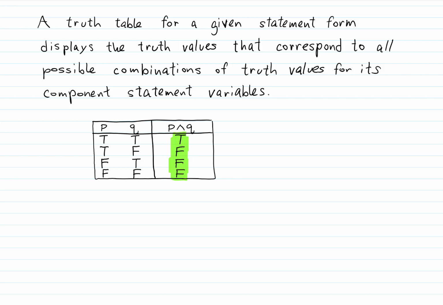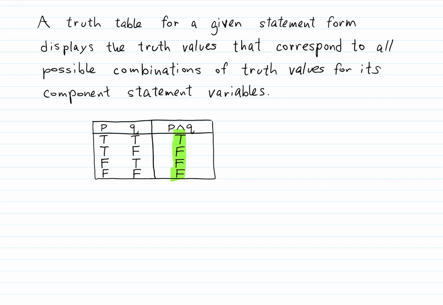It's like when you were in first grade and you were taught 1 + 1 = 2. I mean, it's just a fact, right? You didn't say to the teacher, well, wait a second, how did you figure that out? It's just what it is. Same thing here. So you don't try to figure out where I got these T's and F's from.